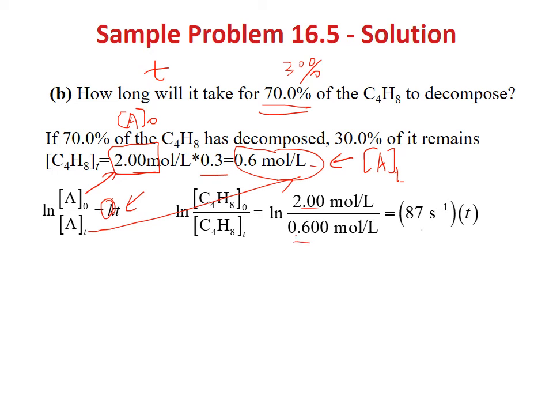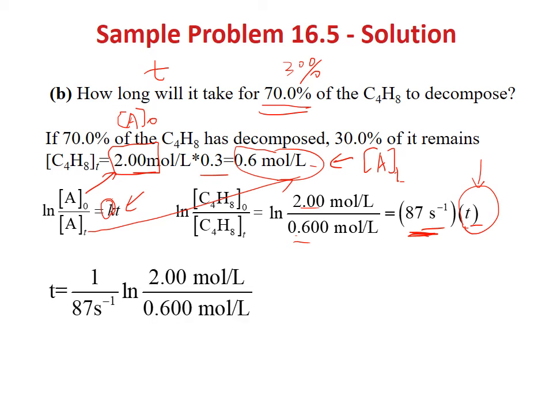On the right side is k times t. t is unknown. To calculate t, we divide by 87 on both sides. That gives you this equation: t equals 1 over 87 times natural log of 2 divided by 0.6. Now use the calculator and you will get 0.014.